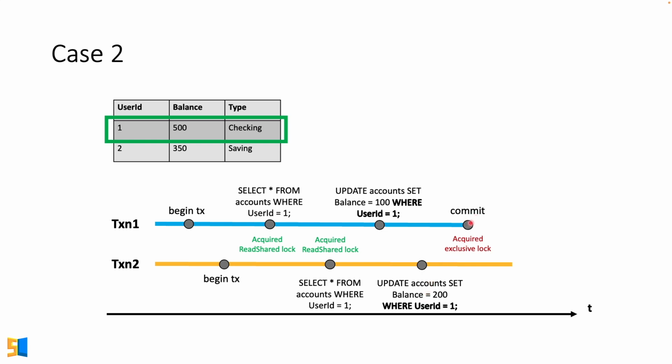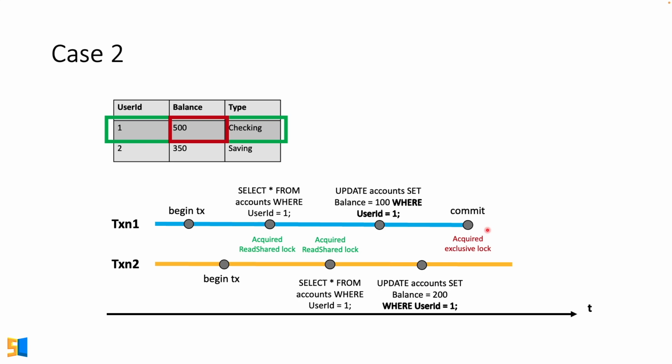Then transaction 1 tries to commit. It is able to acquire the exclusive lock because transaction 1 is a higher priority transaction, because it began earlier than transaction 2. Now it locks the cells.